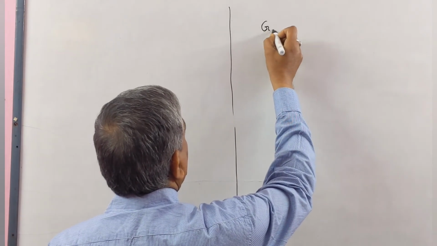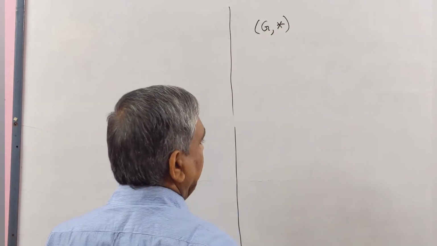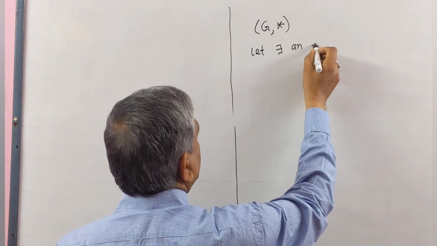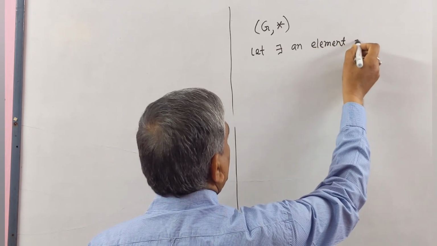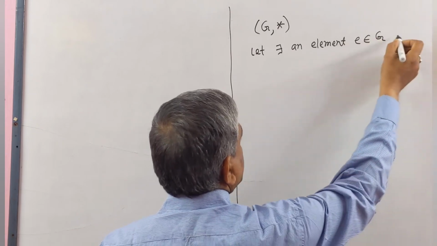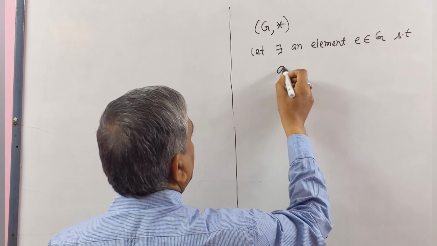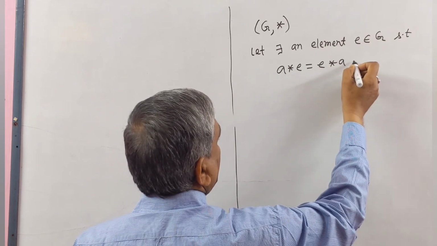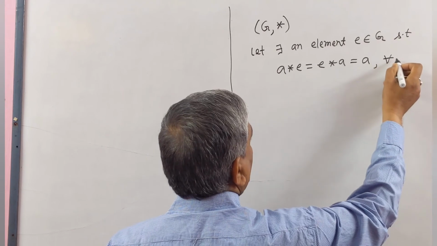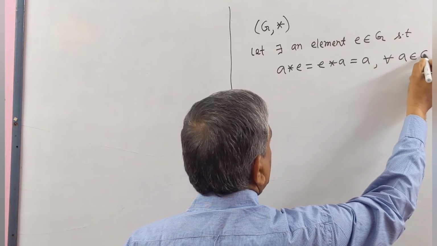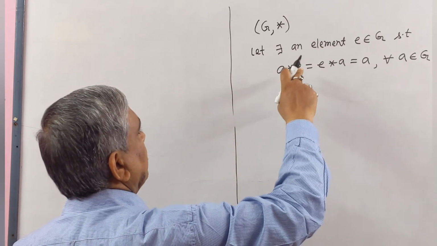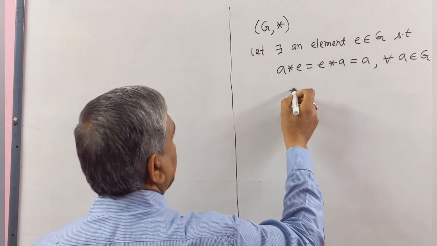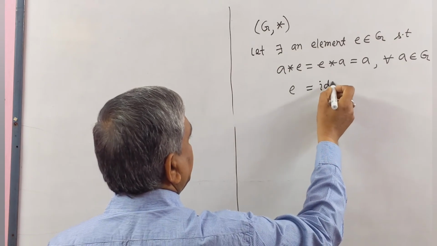If G star be an algebraic structure and let there exist an element E belongs to G such that A star E equal to E star A equal to A for all A belong to G, then this element E is called an identity element.